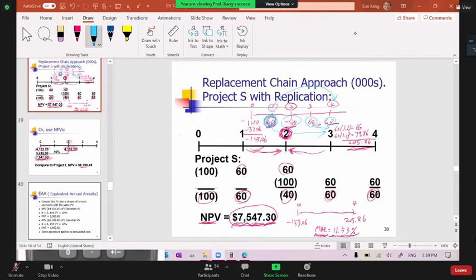Then what? So this 2-year project and 4-year project comparison is relatively easy, right? But how would you compare a 3-year project and a 4-year project? Can you compare a 3-year project and a 4-year project?